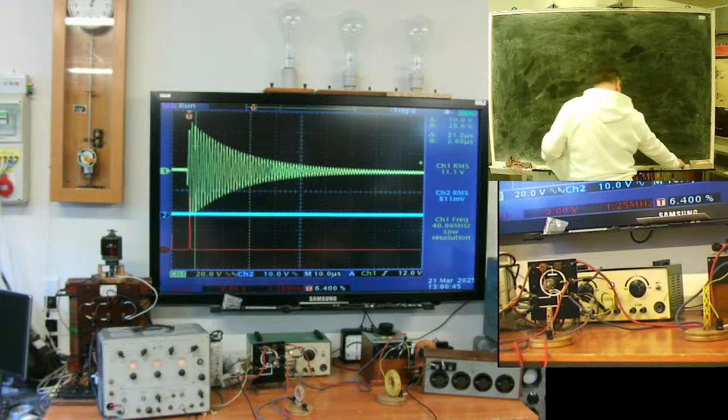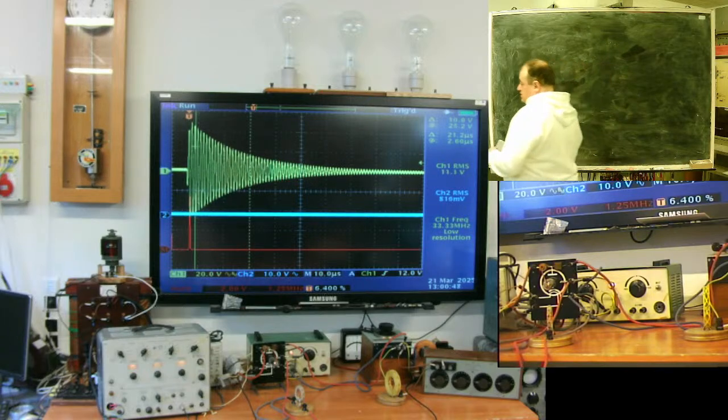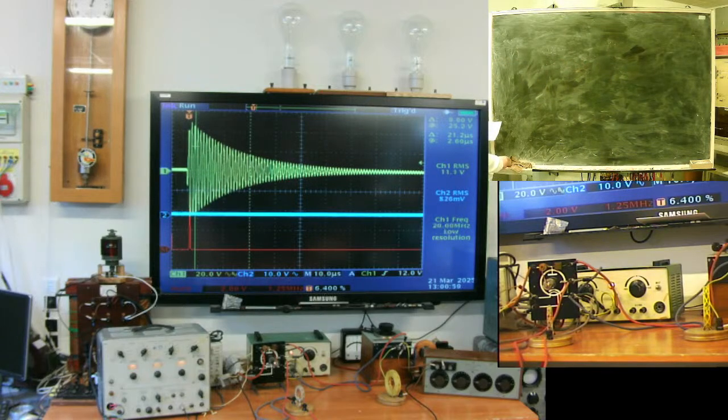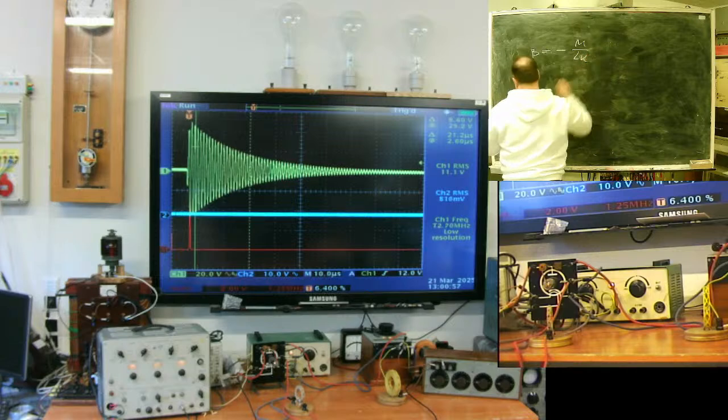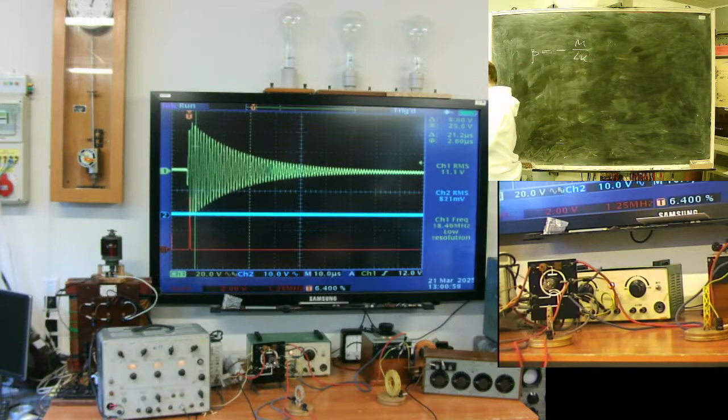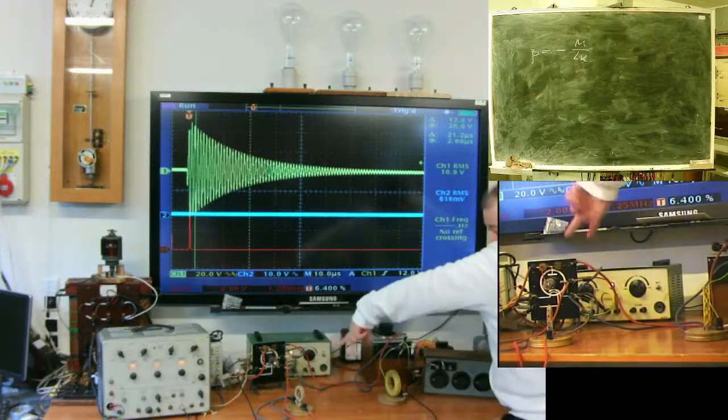I will see positive feedback, in this case being minus m divided by 8. I need to turn the coil this way.